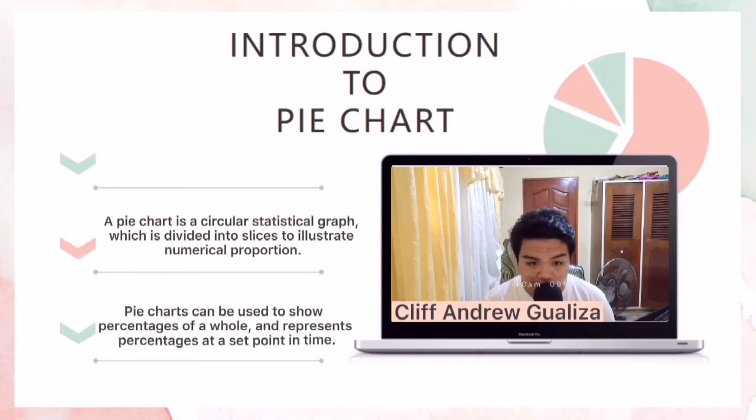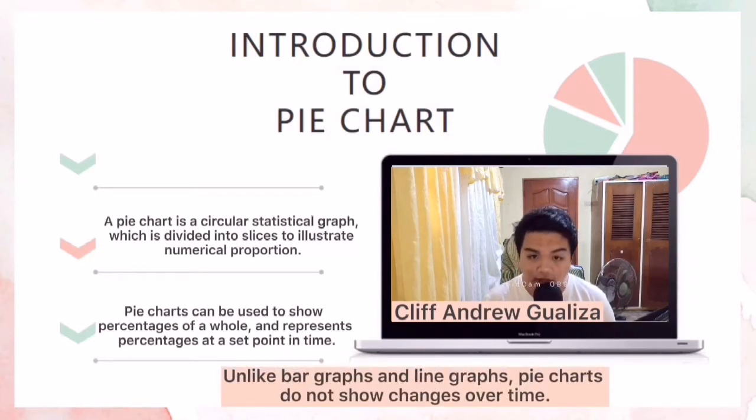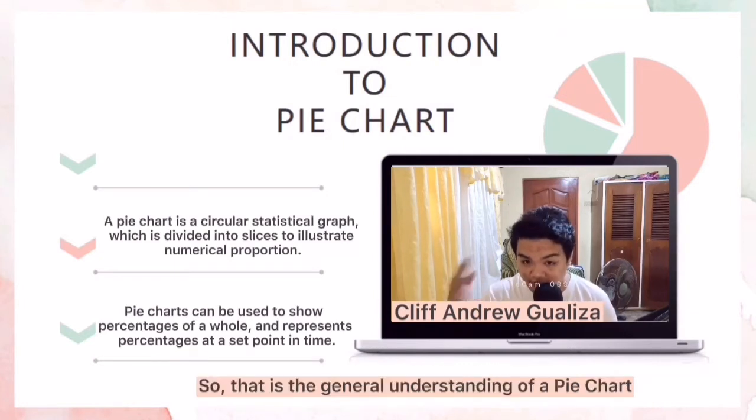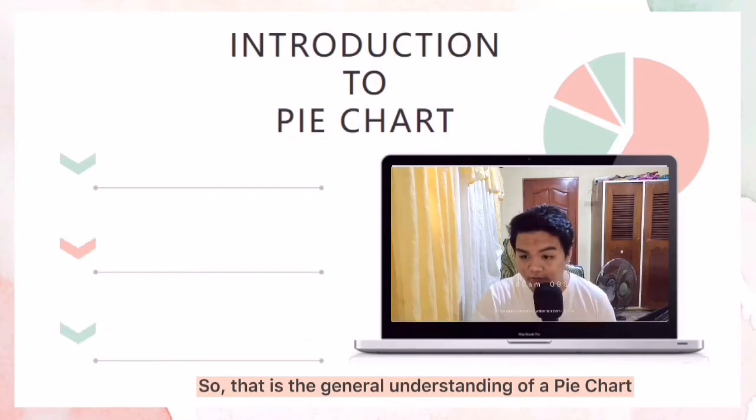Pie charts can be used to show percentages of a whole and represent percentages at a set point in time. Unlike bar graphs and line graphs, pie charts do not change over time. So that is the general understanding of a pie chart.